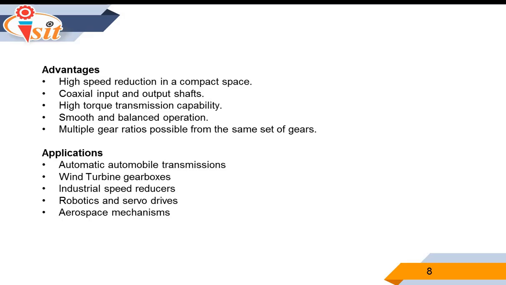The four main types are simple gear train, compound gear train, reverted gear train, and epicyclic gear train. Simple gear trains are used for moderate speed ratios, compound gear trains provide large speed reductions, reverted gear trains offer coaxial input and output shafts, and epicyclic gear trains deliver high torque and multiple speed ratios in a compact design. So each type is selected according to the requirements of specific applications.